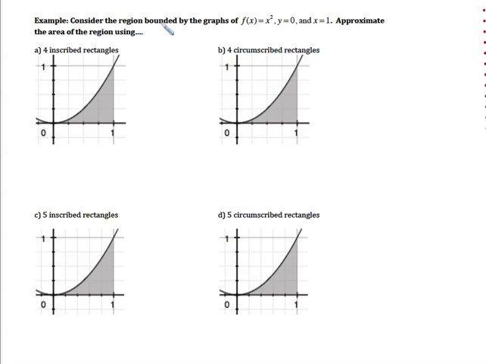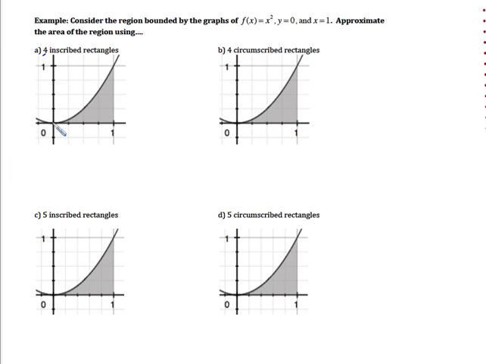It says, consider the region bounded by the graphs of f of x equals x squared, y equals 0, and x equals 1. I've shaded the area in here for you. That's what we're looking for. Now we're going to approximate this area first using 4 inscribed rectangles. Inscribed means inside.